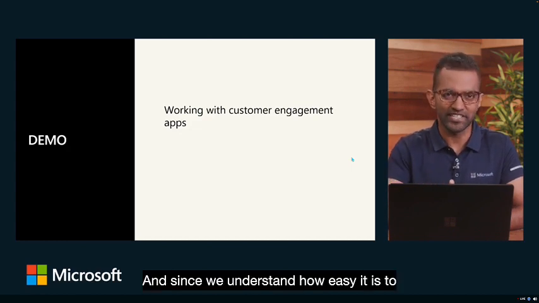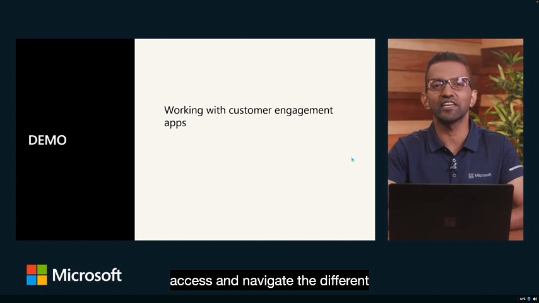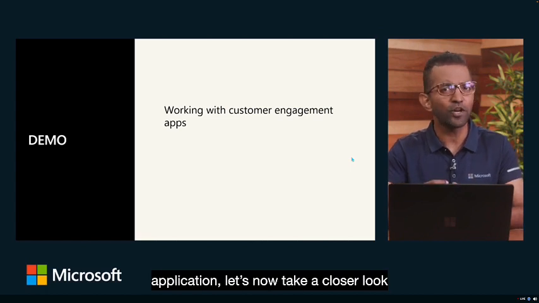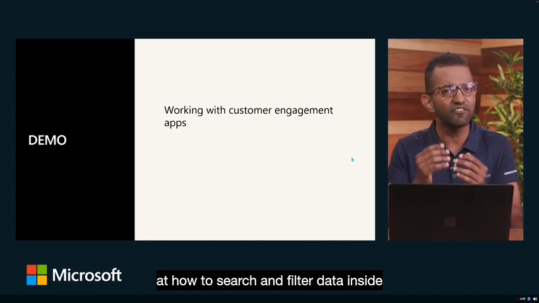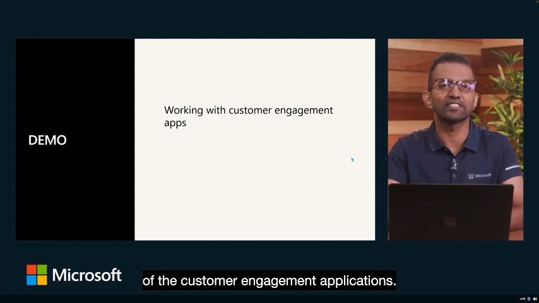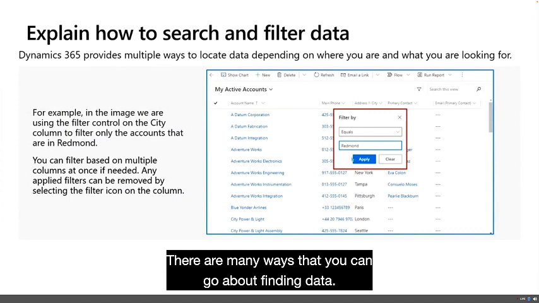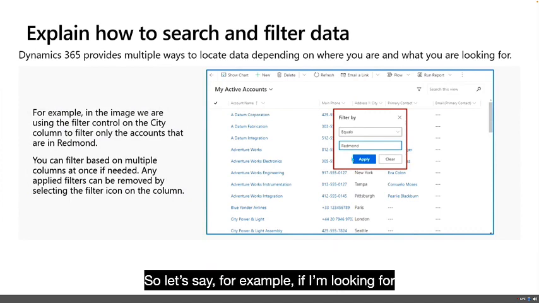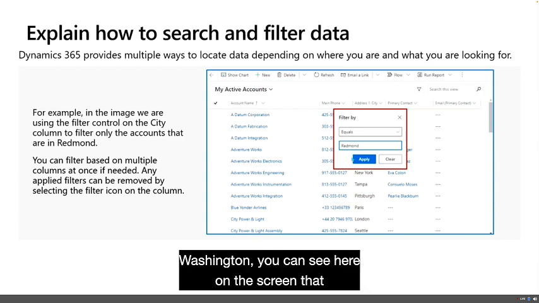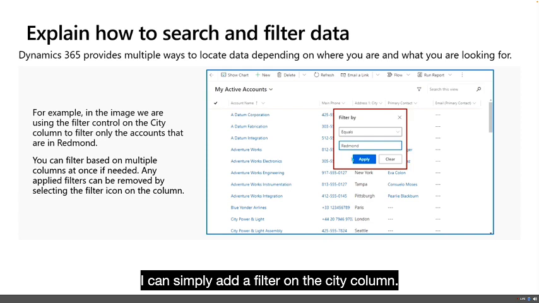And since we understand how easy it is to access and navigate the different applications, let's now take a closer look at how to search and filter data inside of the customer engagement applications. There are many ways that you can go about finding data. So let's say, for example, if I'm looking for all my customers who are located in Redmond, Washington, you can see here on the screen that I can simply add a filter on the city column.